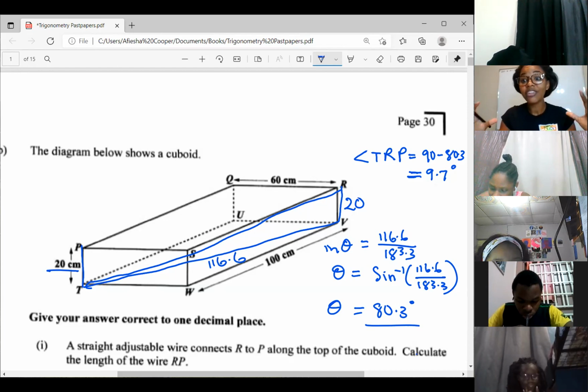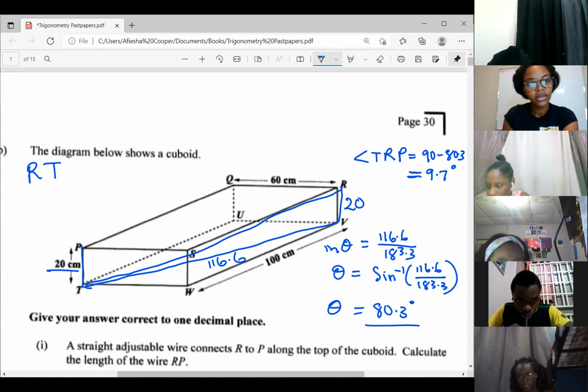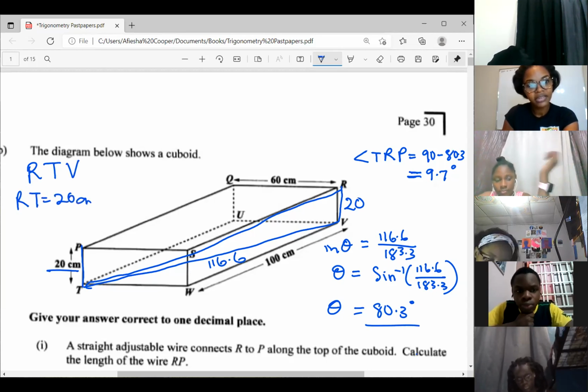Remember, we're trying to get two matching triangles with the same sides and same angles, right? So we have RTV. RT is equal to 20 centimeters. We got TV is equal to how much?